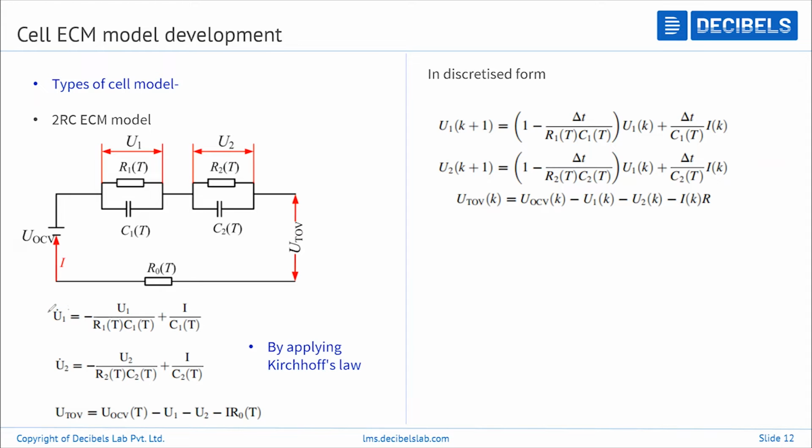So this is U1, U2 dot and UT. You can call these the voltage across 1 RC, the voltage across 2 RC, and this is the complete terminal voltage.